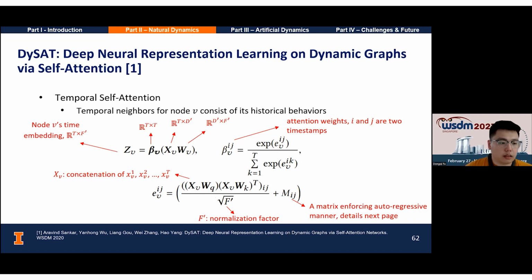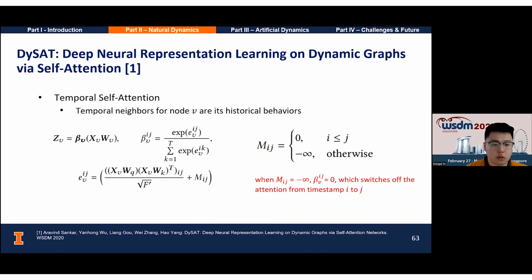After that, we get Z_v. Z_v is node v's temporal embedding from all the time steps of all features, whose dimension is T times F prime.